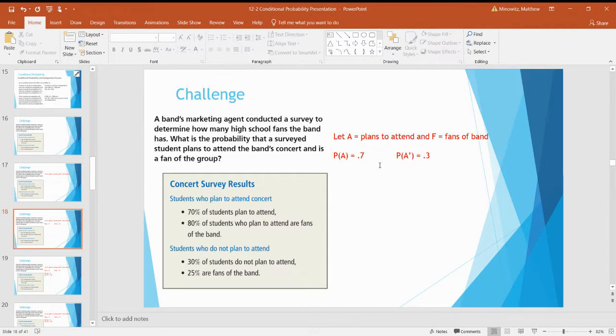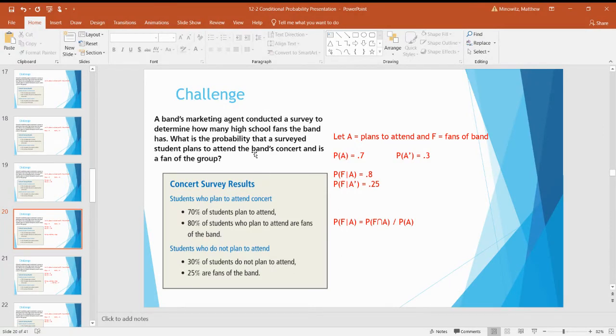Now we have to get into more of the details. Given the students that attend, 80% are fans given that they attend. So out of the ones that attend, 80% are fans of the band. And this bottom says, given that they don't attend, 25% are fans. So now we have all of these numbers in mathematical language, which is very hard to do and takes lots of practice.